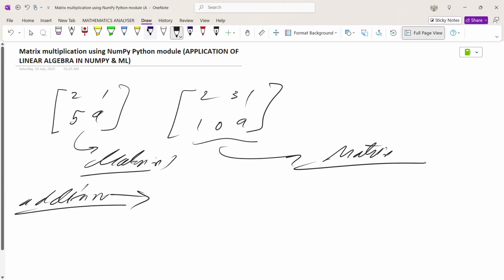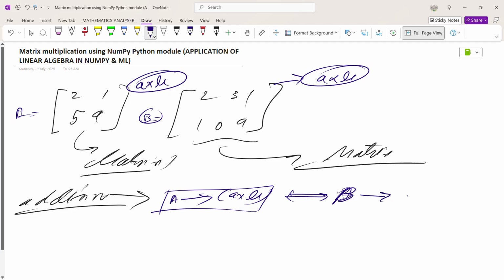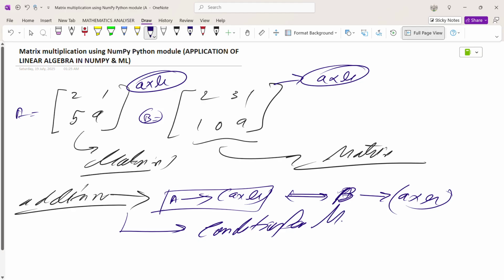The rule is that if this matrix is of the form A cross B, then the other matrix should also be of the form A cross B. That means if matrix A has order A cross B, then matrix B should also have order A cross B in order, and this is the condition for matrix addition.